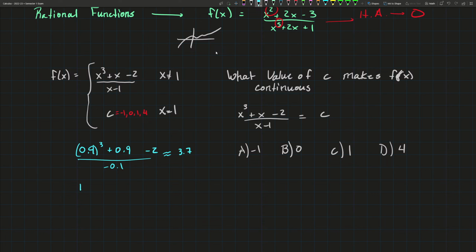Then something to the right of 1, and evaluate that.